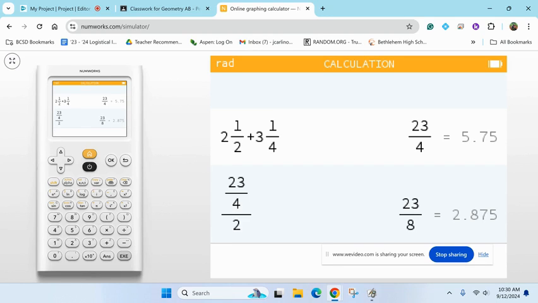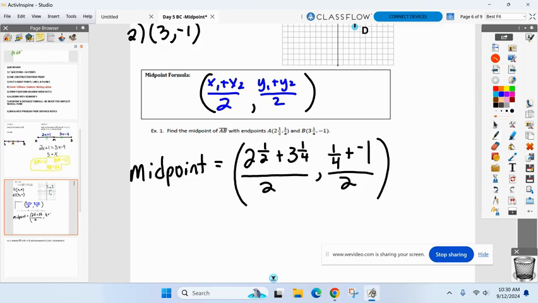I don't care at this point, as long as this is not a long, non-repeating decimal. So if you want to put 23/8 as your x coordinate or 2.875, be consistent though, right? If you put a decimal x coordinate, put a decimal y. I got 23/8 here, comma.